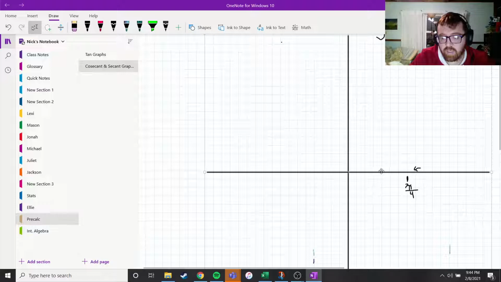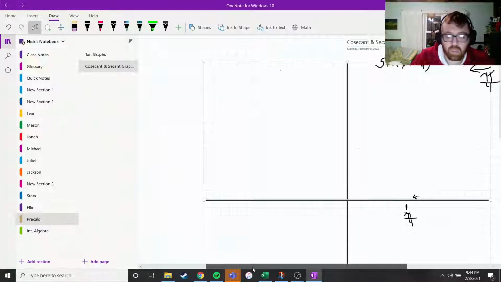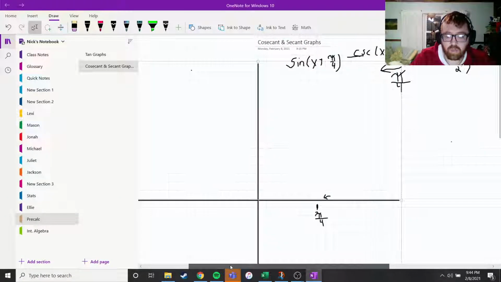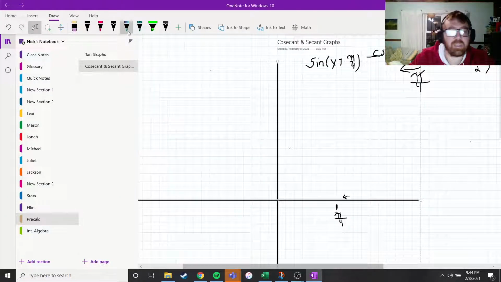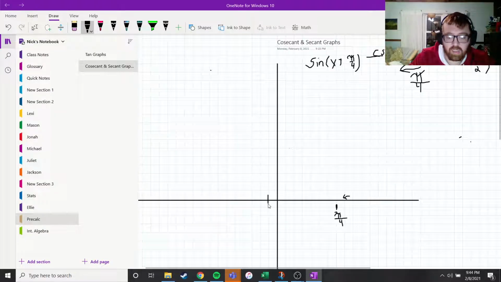There, perfect. Alright. So we're going to shift it over, and our ending point is going to be 7 pi over 4. What does that mean about our starting point? Well, our starting point is going to get shifted over as well. So now our starting point is at negative pi over 4.